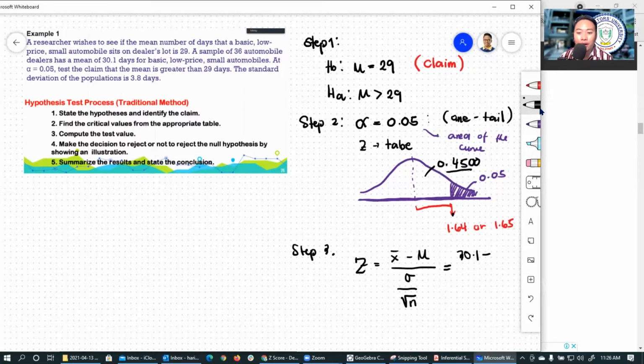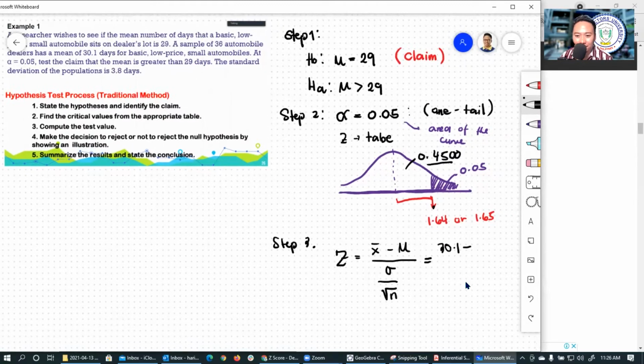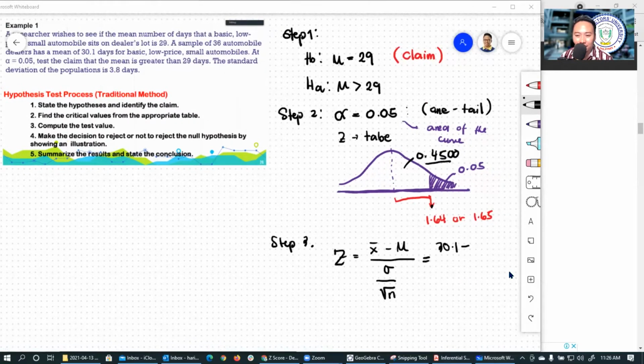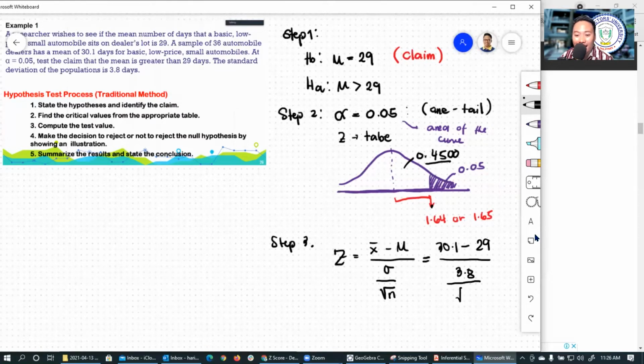Population mean: 29. Great. Population standard deviation: 3.8. And then what is n? 36. Very good. And then we are just gonna solve it.